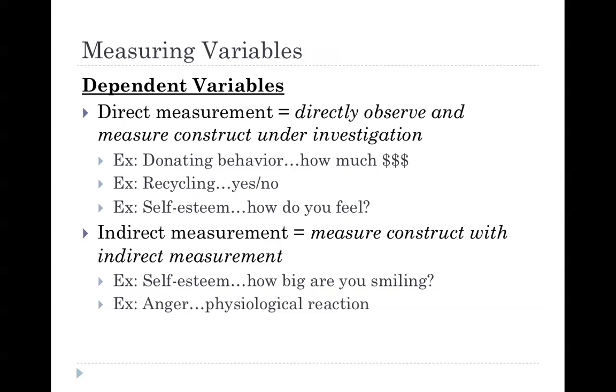Here, it's indirect because you're not actually measuring anger. You're measuring blood pressure. You're measuring skin conductance. However, you're just operationalizing anger through this measurement. So you're saying measuring blood pressure is actually measuring anger at the same time.